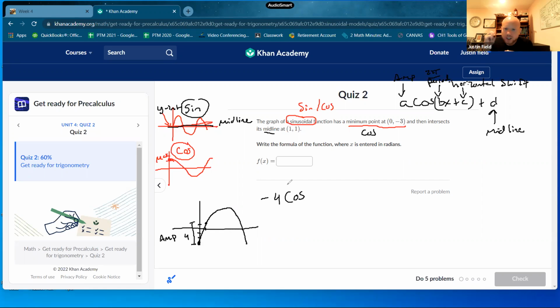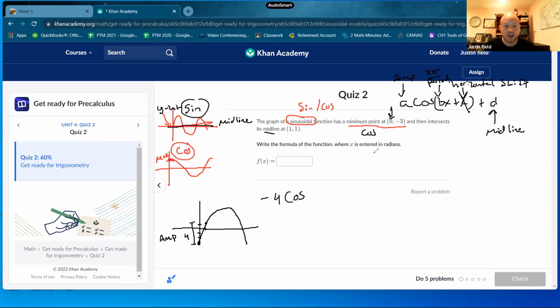So I'm just chipping away at this. Also, because the minimum is at the y-intercept, there is no horizontal shift. That's really nice.